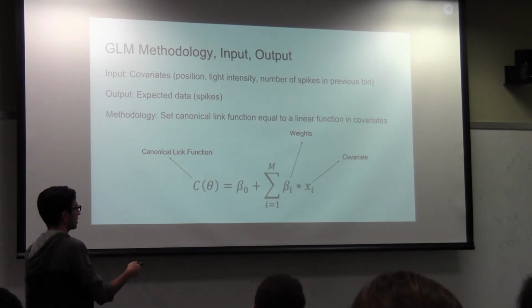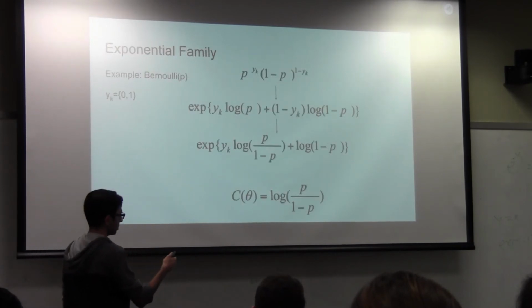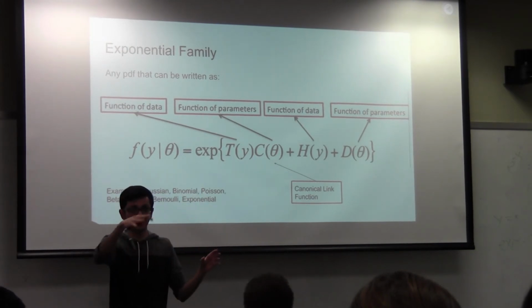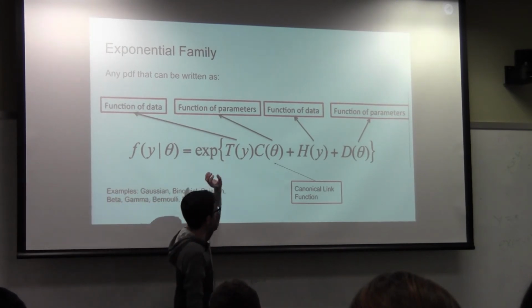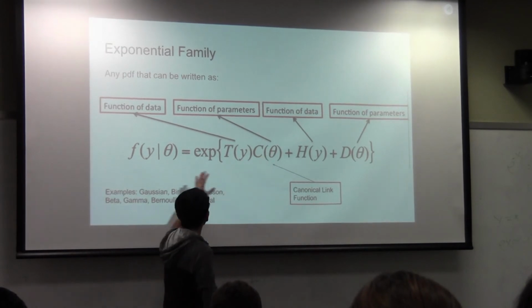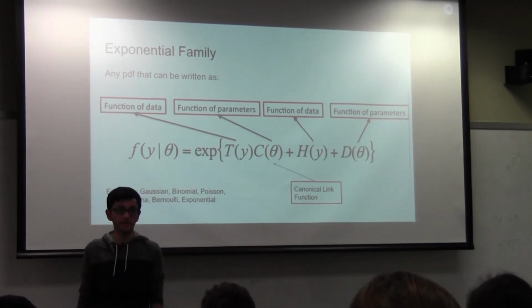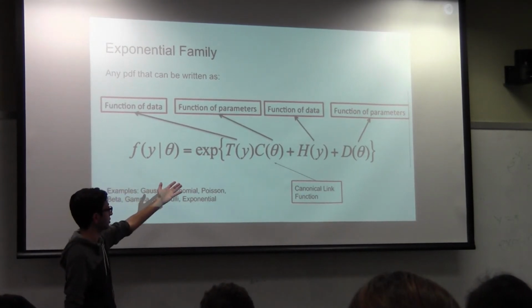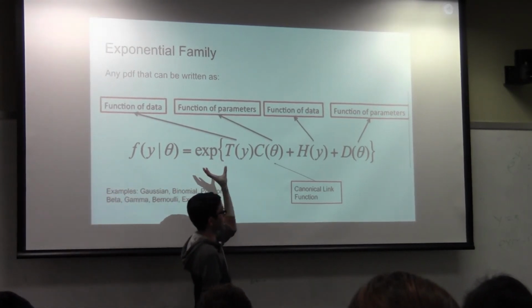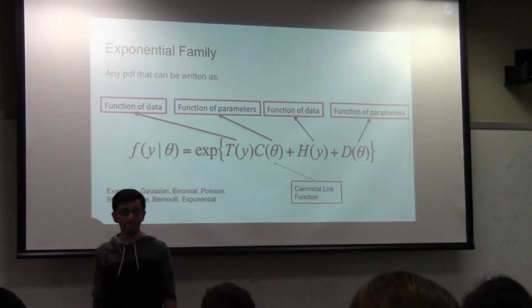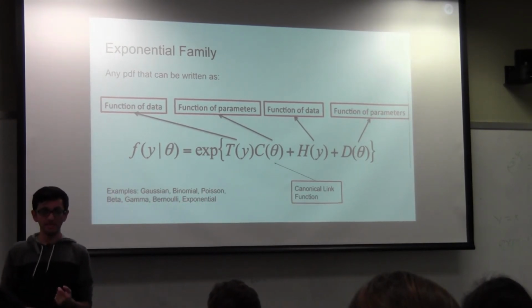What you do is you plug in that beta 0 plus beta 1 x1, right? You plug that in here, and that is your likelihood. So you maximize that over all of your betas. This is essentially your likelihood if you just do this for each of the data. Does that make sense?